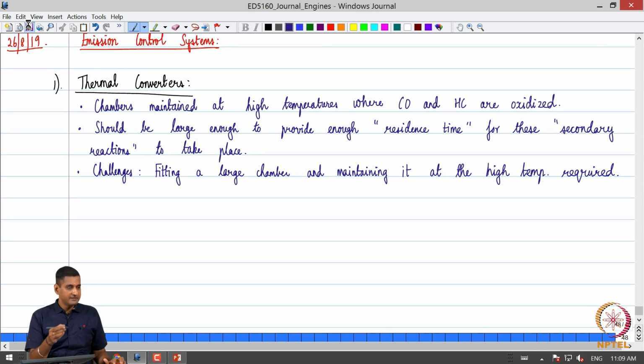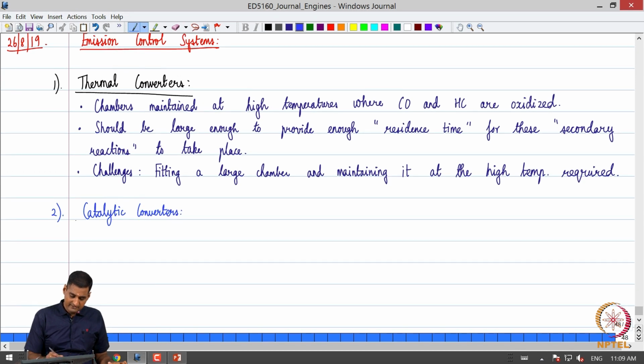Okay. And the class of devices which enable these secondary oxidation reactions to take place are what are called catalytic converters.